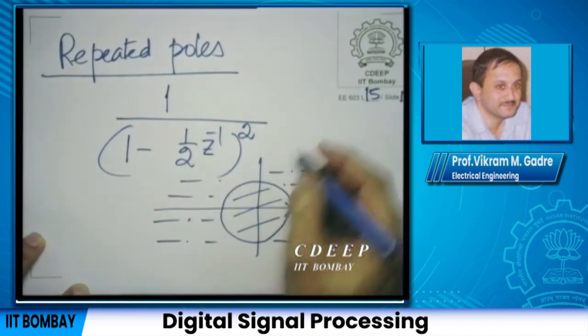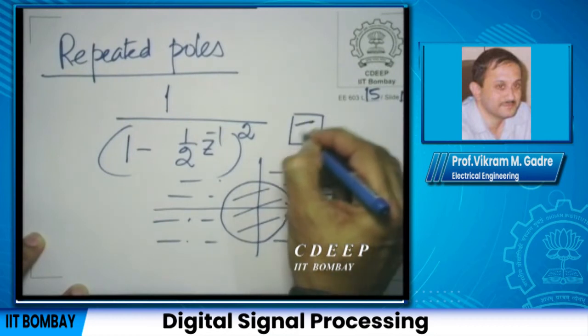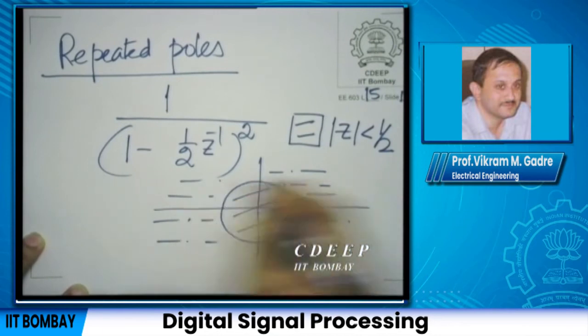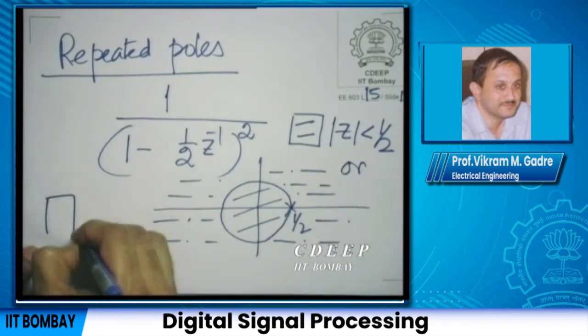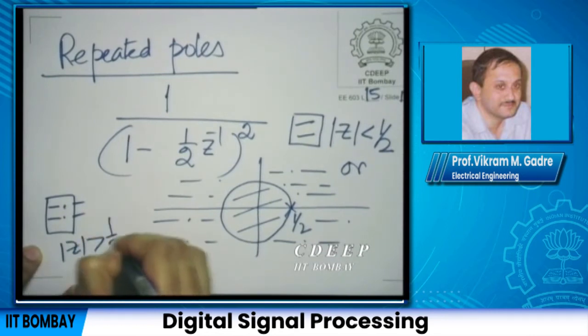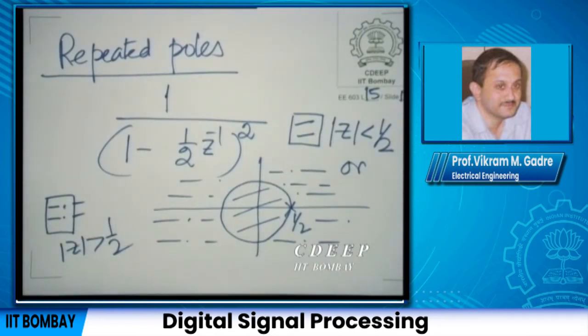So, mod z less than half or mod z greater than half, and we need to be able to find the corresponding sequence for each of these regions of convergence.